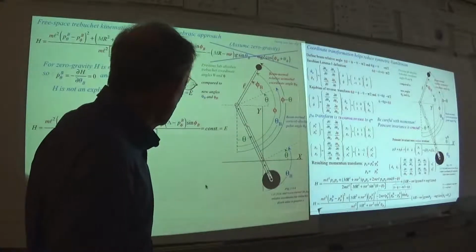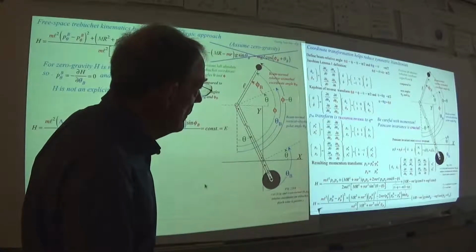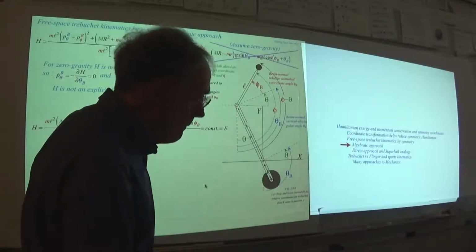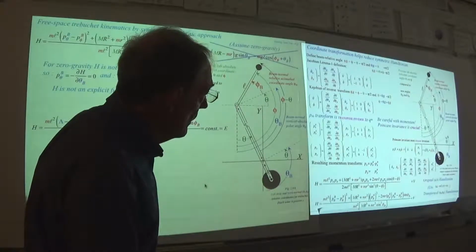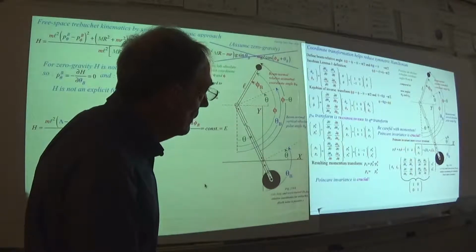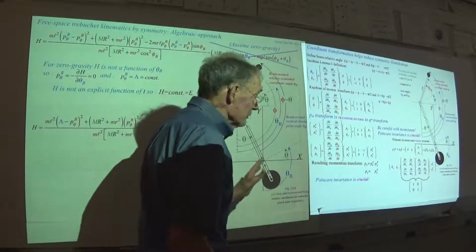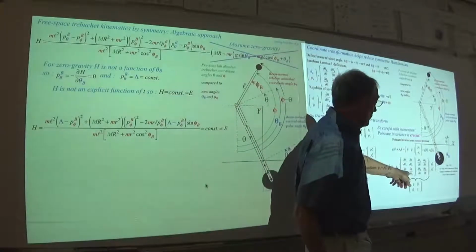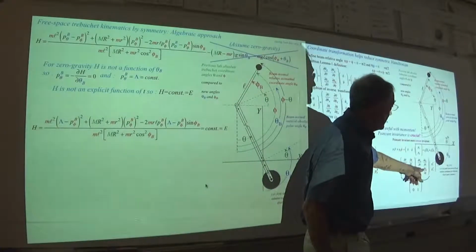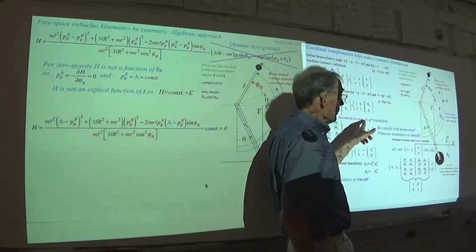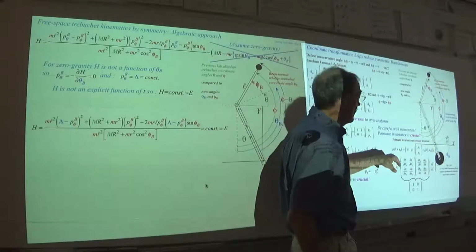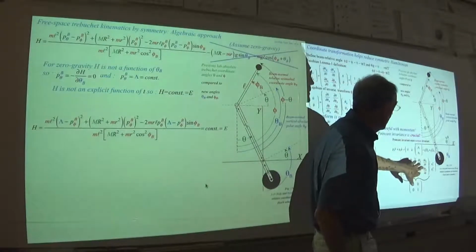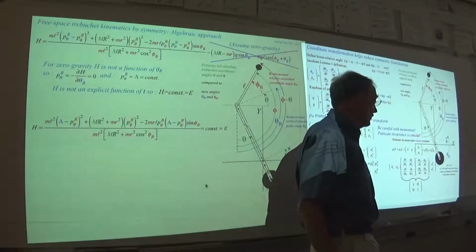Now, let's see if there's anything else I need to say here. I want to go back real quick on this one and just emphasize that this relation right here is the transpose inverse. That's what you have to work with. This has to be the transpose inverse of that, and vice versa.